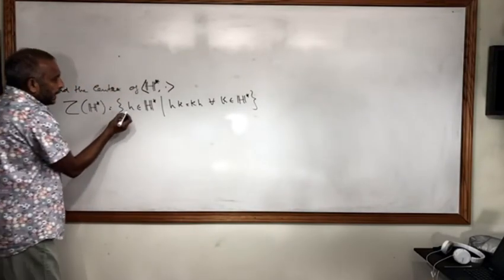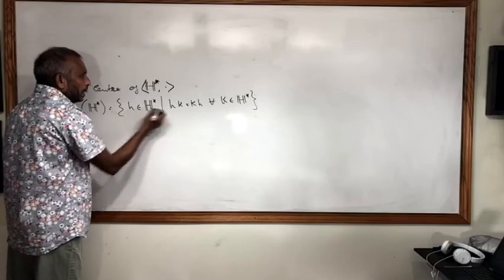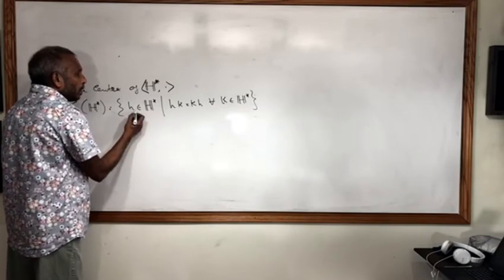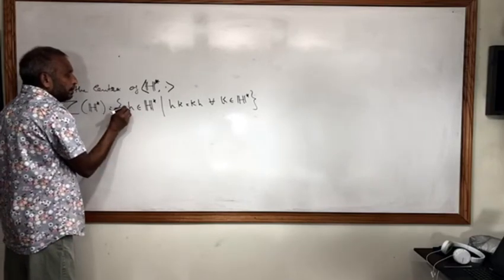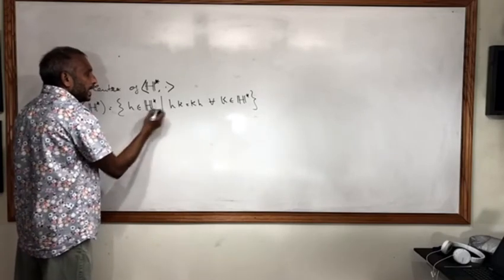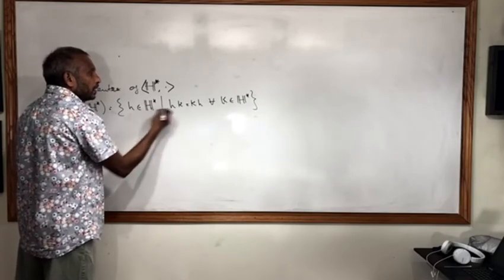So these h and k are four-tuples in which only the first component is guaranteed to commute. i, j and k cannot commute.